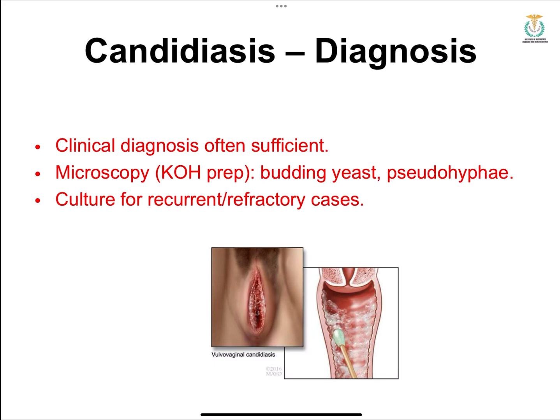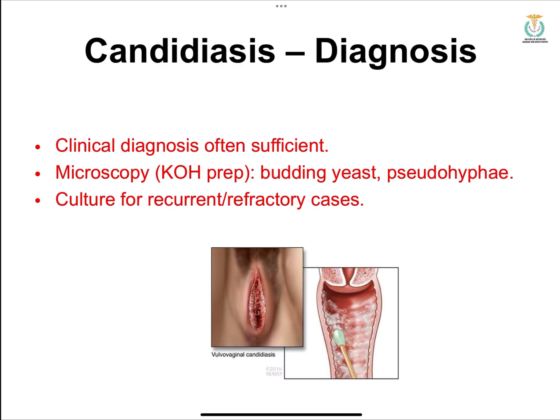How to diagnose candidiasis? Clinical diagnosis is often sufficient. On microscopy with KOH preparation, you can see budding yeast and pseudohyphae. You can send for culture for recurrent or refractory cases.